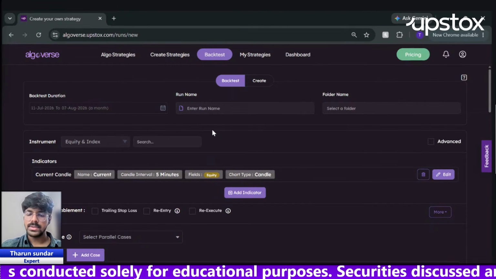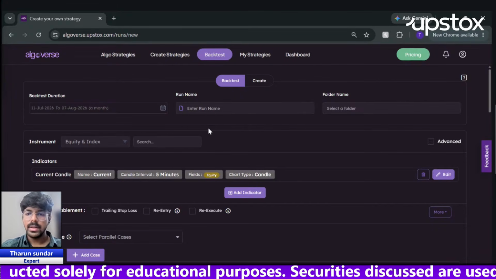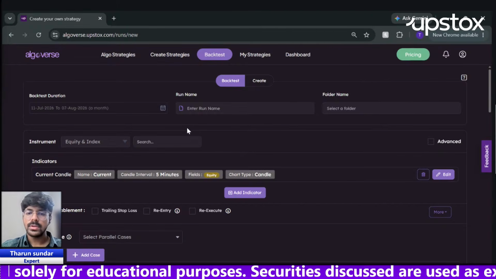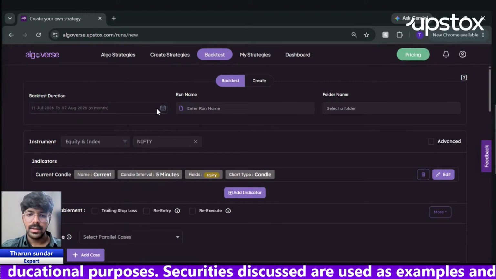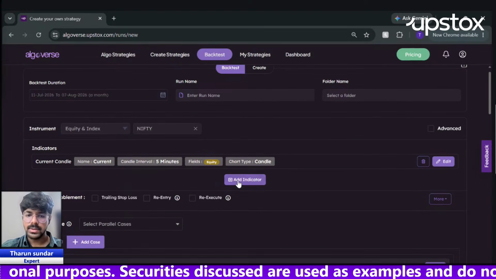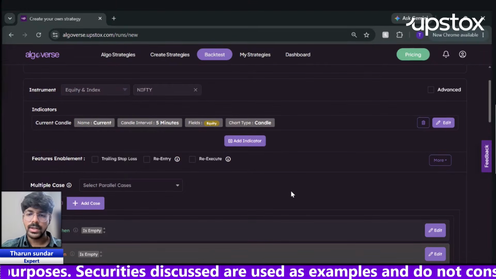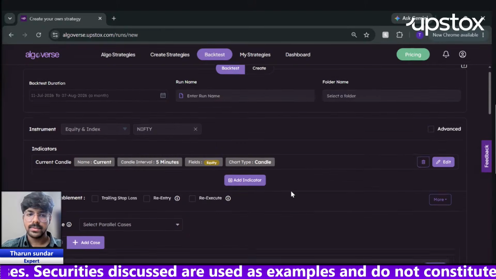And now finally, let's try and build a multi-indicator setup. That is, let's say more than three or four indicators. And one more thing is there is no limit to the number of indicators you can add in Algoverse.